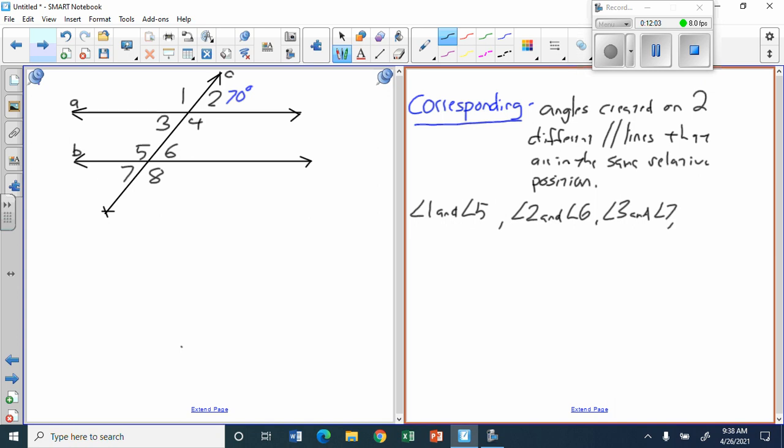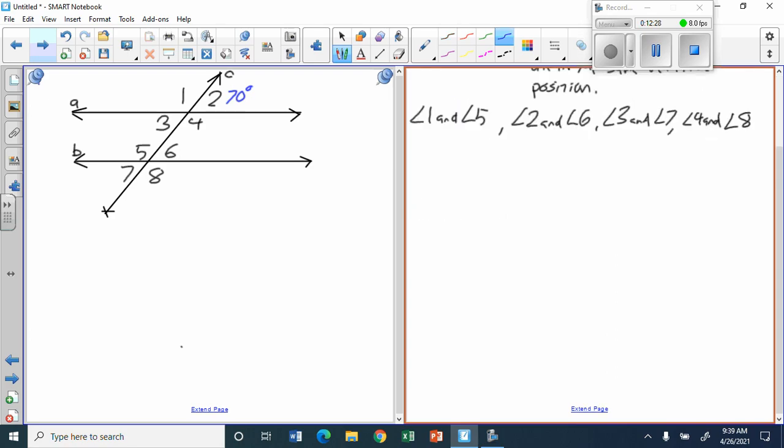And then angle, what's left? 6? Nope. Angle 4. Which one's in the corresponding part? Angle 8. Those are corresponding angles. Okay?